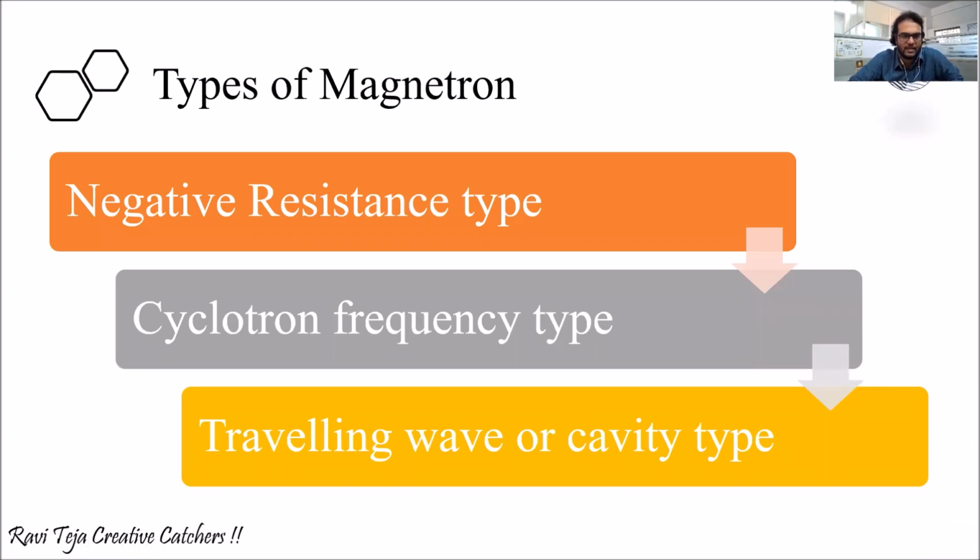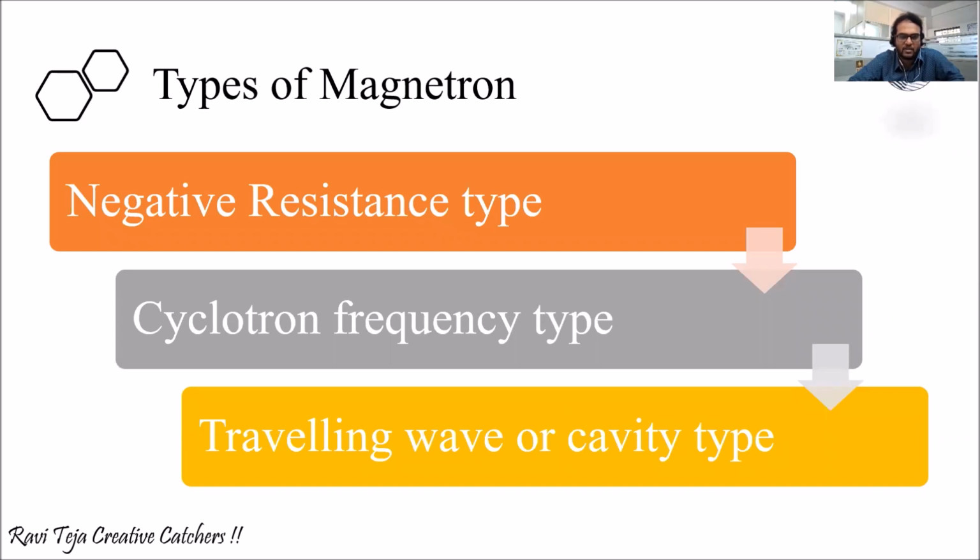The first one is the negative resistance type, the second is the cyclotron frequency type, and the third, which we all know, is very familiar and the most popular one, is the traveling wave or cavity type. We have already seen traveling wave and cavity types in the previous sessions, in traveling wave tubes as well as klystron amplifiers and oscillators, right?